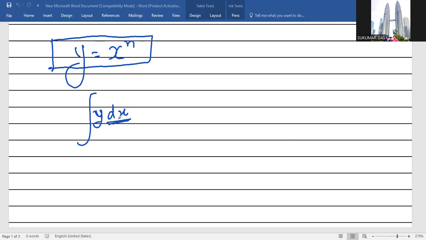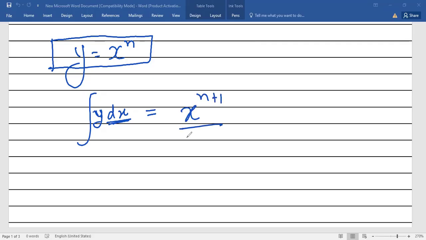Here dx means the variable about which we are integrating y. Now this formula will become x to the power n plus 1 over n plus 1, and we have to put one constant of integration c.